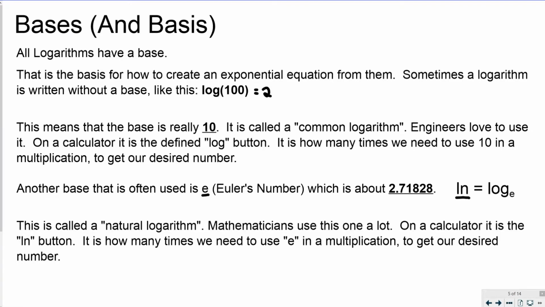Another base that is often used is called e, Euler's number, which is approximately 2.71828. This number is a special number derived by the German mathematician Euler, and it is used in certain ratios.